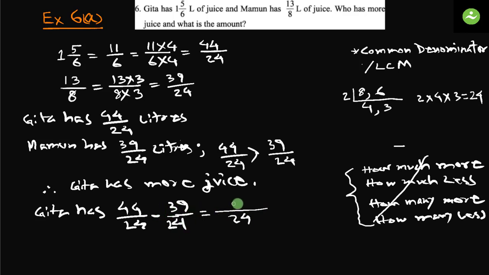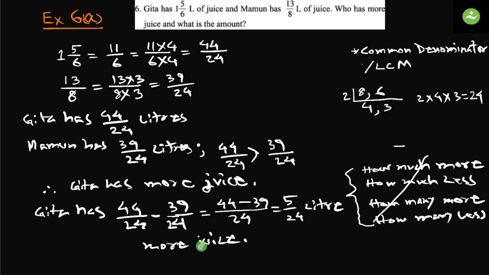So it's pretty simple to calculate. 44 minus 39 equals 5 over 24. Geeta has 5 over 24 liter more juice.